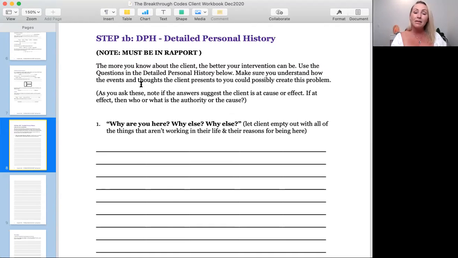Remember, throughout this entire process, one of the words that we never use until we get to values is the question why. And we don't ask the question why because why keeps people at the effect. Why keeps people at the reasons why they are where they are, and why they're not out of their problem, and why they're still where they are, and all of the rest of it.